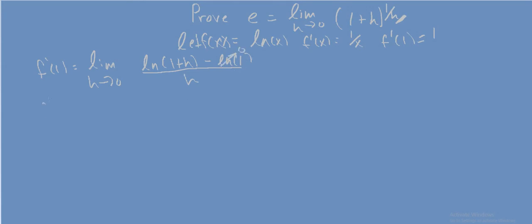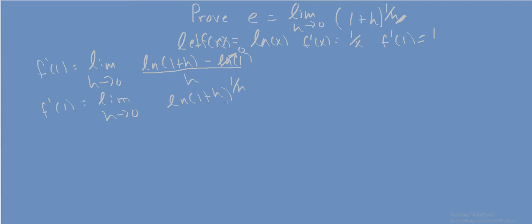And we are left with f prime of 1 is equal to the limit as h goes to 0 of ln of (1 plus h) over h. And I'm going to take this h and recognize that it is just 1 over h multiplied by ln. And so because it is, I can bring it up into the exponent slot here. Okay, so hopefully that didn't confuse you.